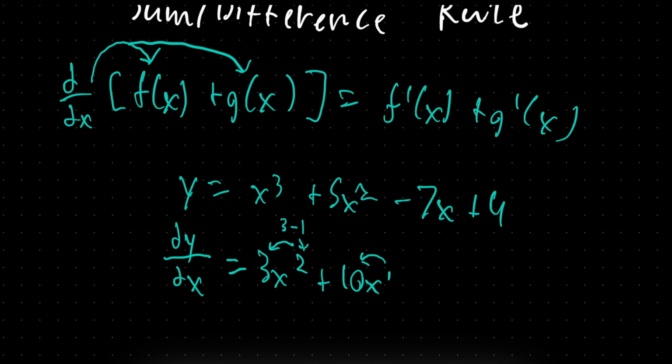I'm going to write this here, right? So minus 7x to the power of 1. Multiply negative 7 by 1, you're going to get negative 7. If you subtract 1 from the power, you're going to get x to the 0th power, which is also just 1. So it ends up just being the constant right here. And then plus 4.